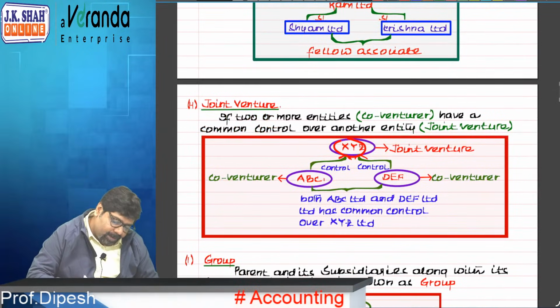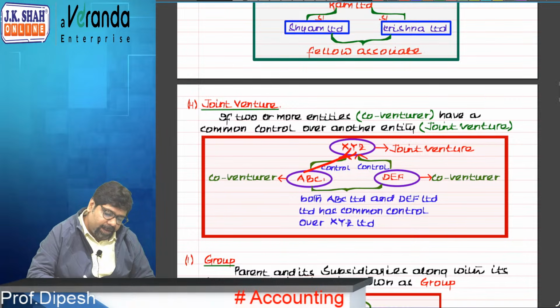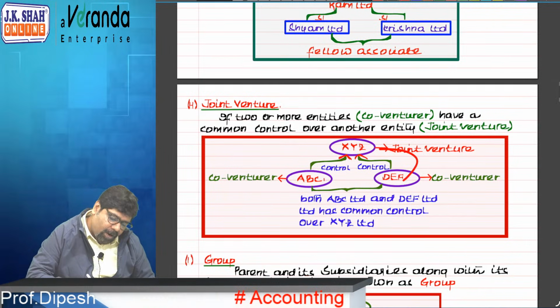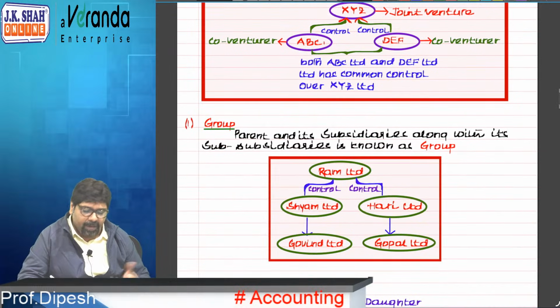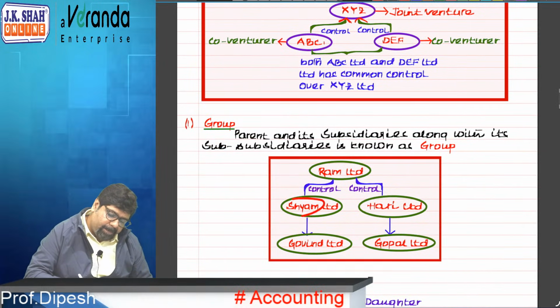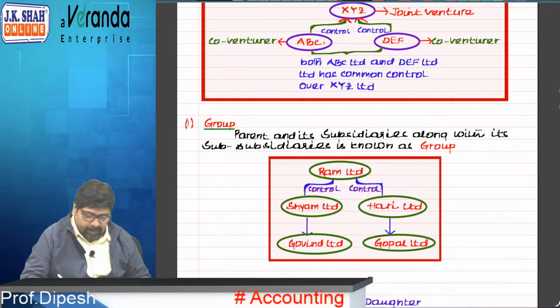Joint venture. This is a joint venture. It has two parties which have control over the joint venture. Hero, Honda. So Hero also has control, Honda also has control. That is a joint venture. Group means parent plus all its subsidiaries. Correct?